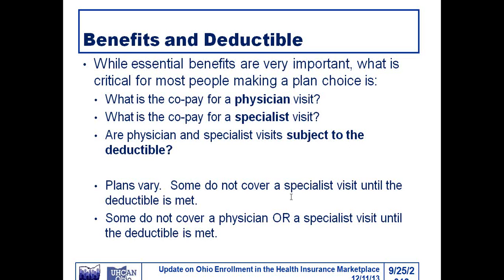But some plans actually do require that you first exhaust your deductible before they start paying anything on physician or specialist visits. So it's really important when you're looking at the plan, and I think there's a screenshot here of healthcare.gov coming up in a little while, and I can show you where you look for that. But it's really important to ascertain that information.